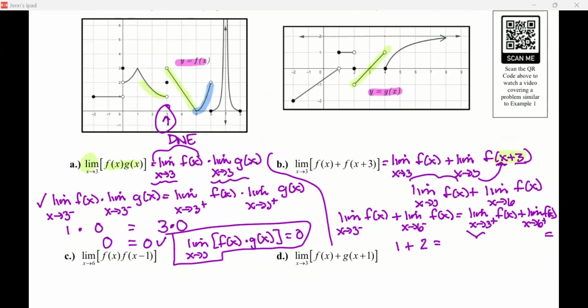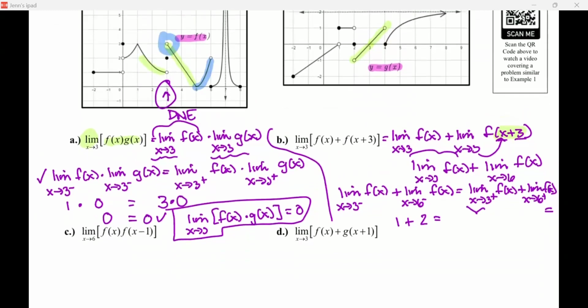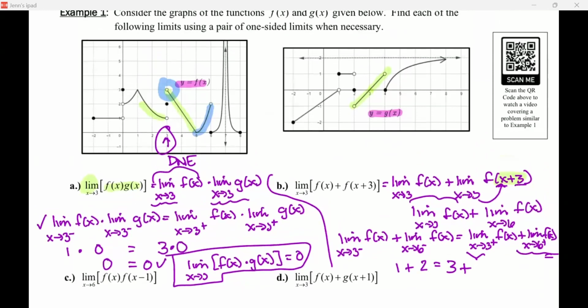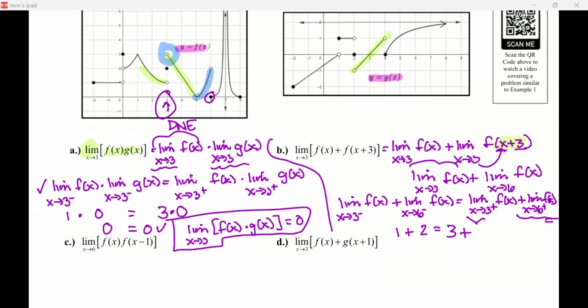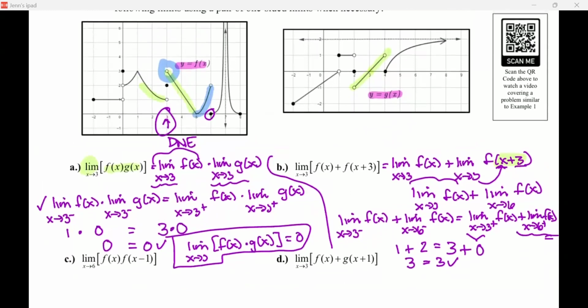As I approach 3 from the right, again, that's going to give me a 3. The limit as x approaches 6 from the right is going to give me a 0. So I know that 3 is equal to 3. So since the left-hand side of the sum of the limits is equal to the right-hand side of the sum of the limits, then I know that the limit of this particular problem is going to be equal to 3.